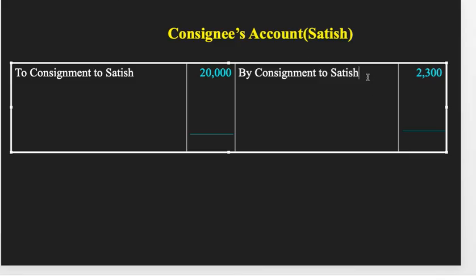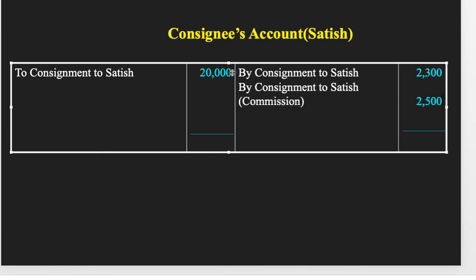So by consignment to Satish, it is 2,500 rupees. We are going to mention here in bracket commission also.